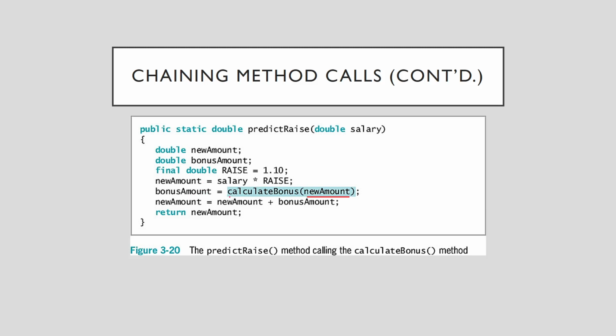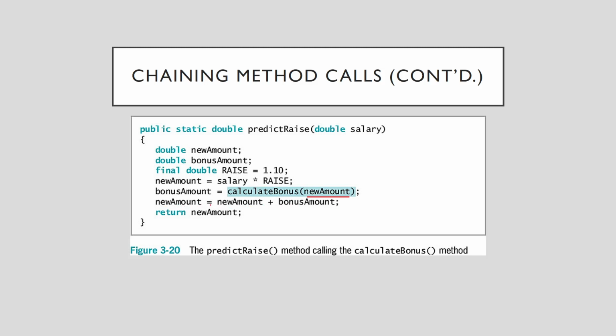The value being returned will be used for future purposes, just like for calculation. Here, the value of bonus amount is added to new amount, and the result will be stored back in the new amount variable.